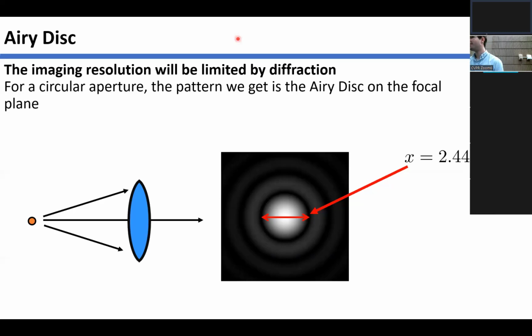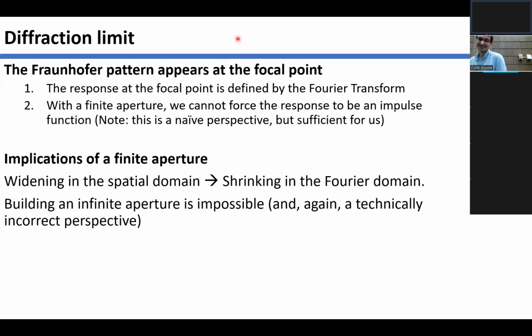Now there might be a question in your mind: if I'm limited in my imaging by the aperture size, why don't I just make the aperture size really big? Make it huge. And that's not a bad idea, because widening in the spatial domain will mean shrinking in the Fourier domain. And since I know that the Fourier transform of my aperture gives me my impulse response, I may as well make the aperture really big.